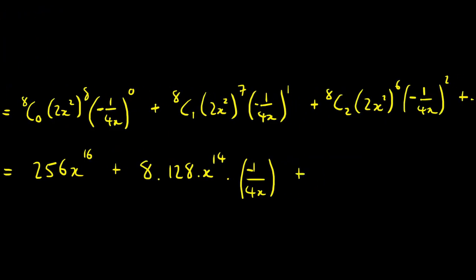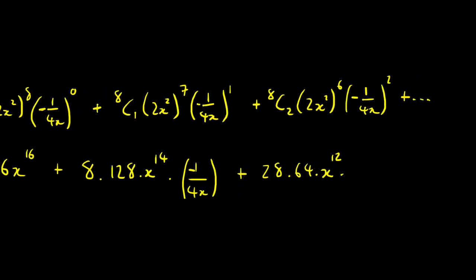So plus 8c2. 8c2 is 28. And then we're going to get (2x²) to the power of 6. We want 2 to the power of 6, which is 64, times x to the power of 12, because again, we multiply the powers. And then if we square (negative 1 upon 4x), negative times negative is a positive, right? So we're going to get 4 squared, which is 16, and x squared.